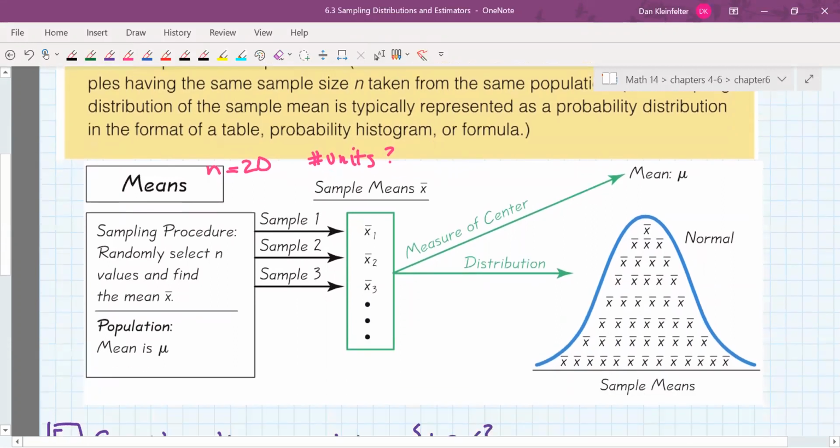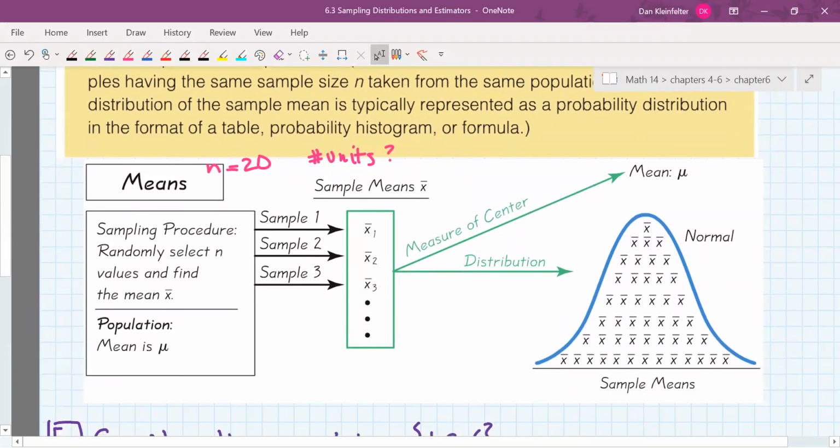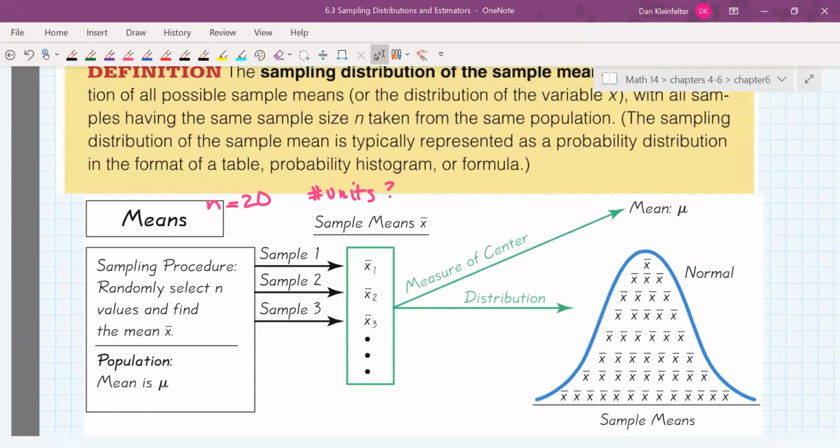So looking at the box towards the left of the screen, we're going to randomly select n values and find the mean of those values. And so for our first group, we'll have X bar 1, we'll have X bar 2, X bar 3, and so on.